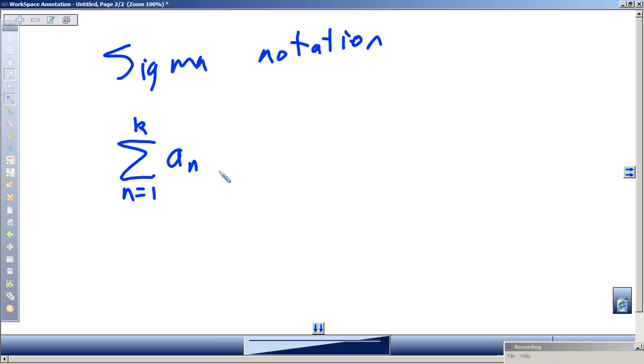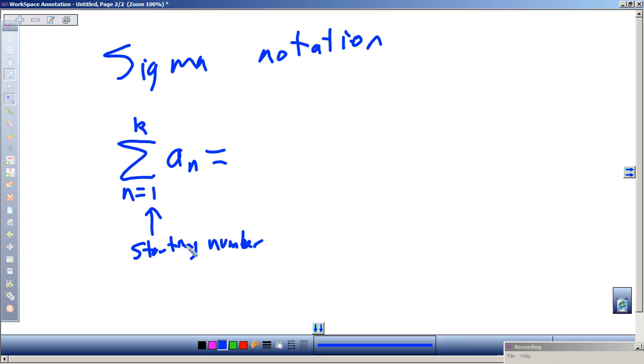Anytime you see this symbol in mathematics, we're talking about a sum. This is a capital Greek letter, the capital sigma, and it means we're adding several things together. So if we saw this, what this means is we are starting at n equals 1. This is our starting point, the first number we're going to plug in.